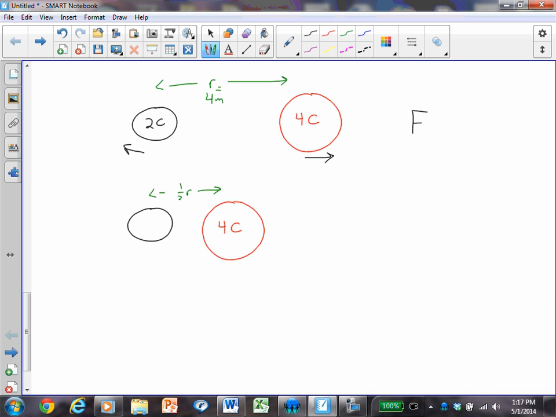Does it get bigger or smaller? Stronger, yes. And therefore, since it's an inverse squared relationship with the distance of separation, we know it's going to be, what's 1/2 squared? So it's going to be 4 times that, because a quarter on the bottom is a 4 on top, right?